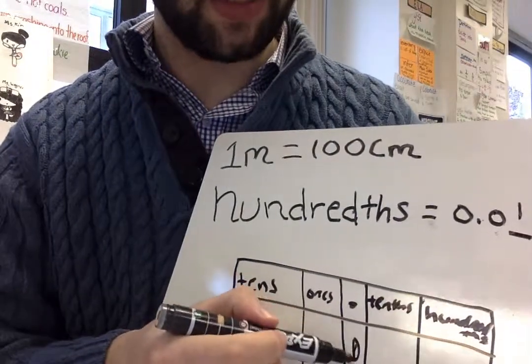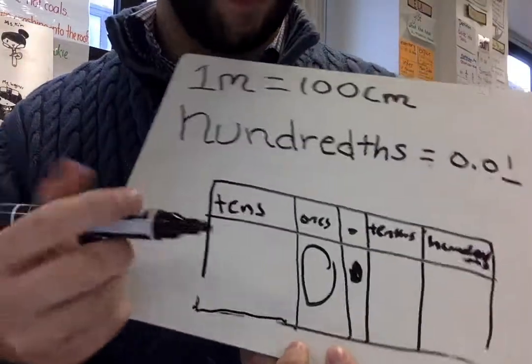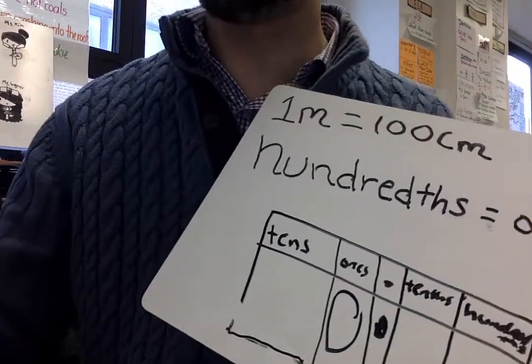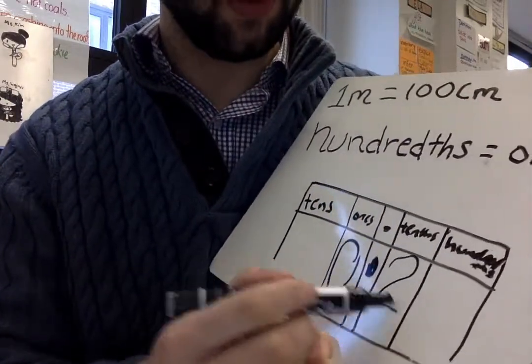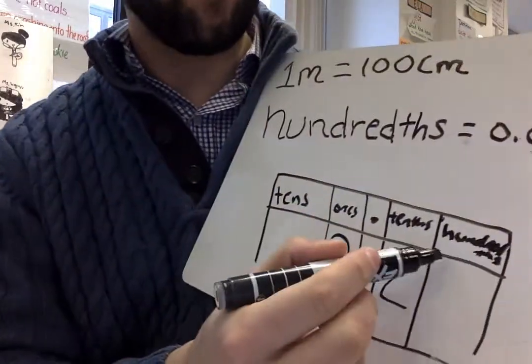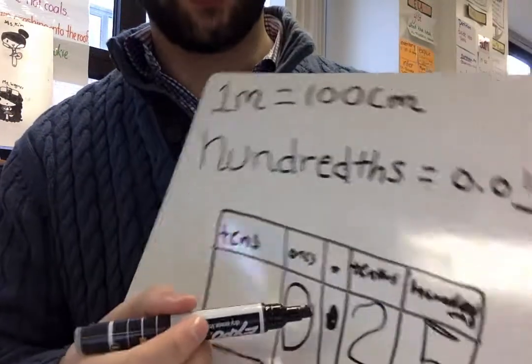I still have my decimal point, and I have a 0. How many tenths do I have in 25/100ths? Well, we had 2/10, right? That's what we started by adding. We added those 2/10, and we have 5/100ths. So in decimal form, we would write it as 0.25.